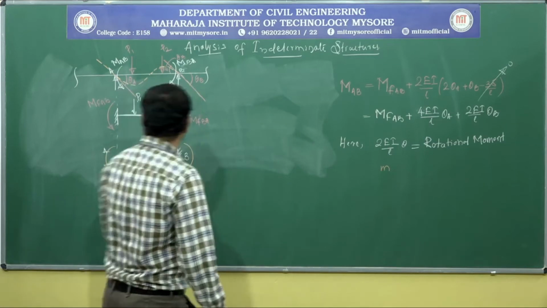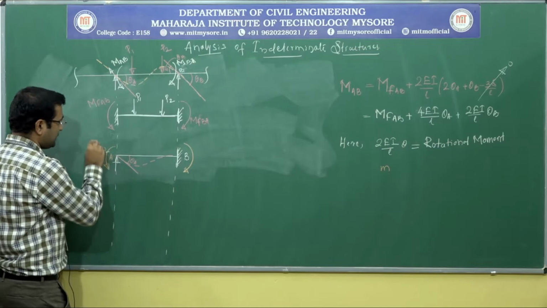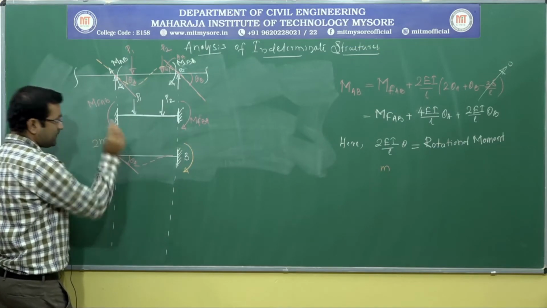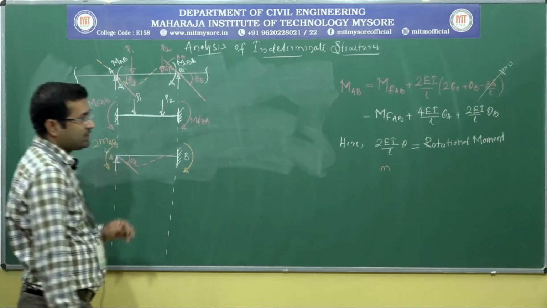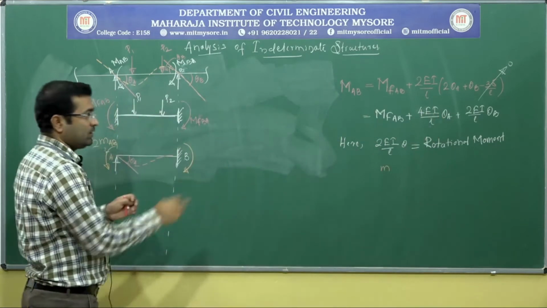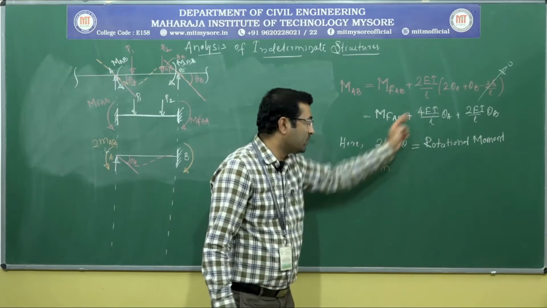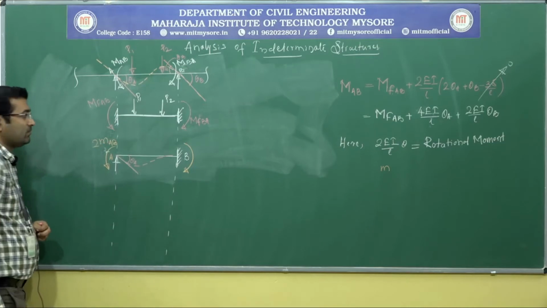Since it is at the same point, it will be 2 times, that is 2 mAB, because here it is 4EI by L. If I take 2EI by L into theta A as m, then 4EI by L is 2 and 2 rotational moments.